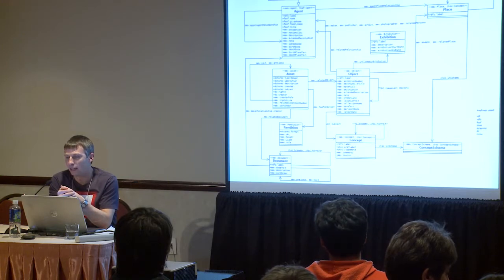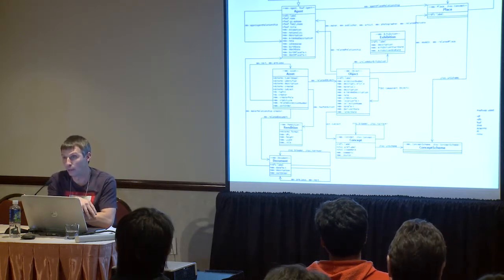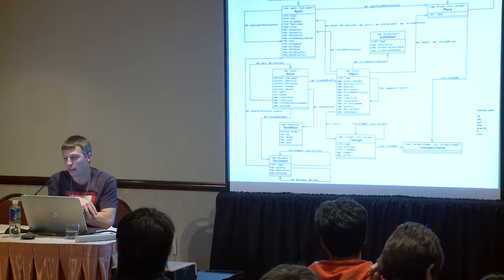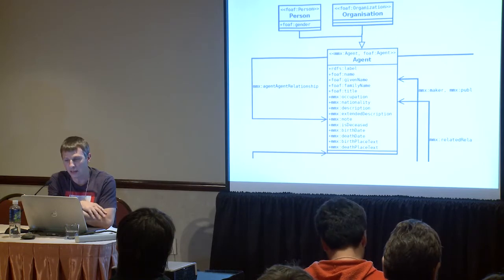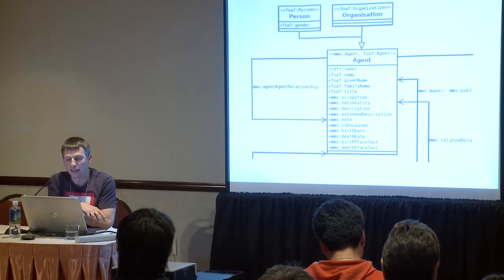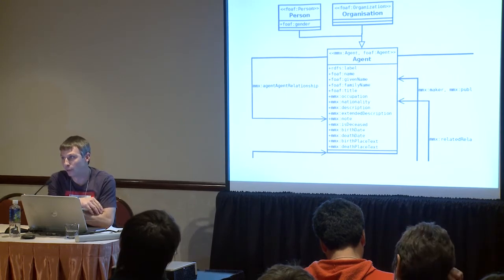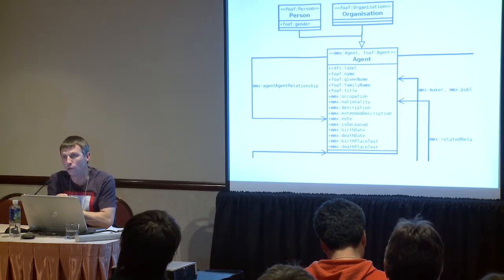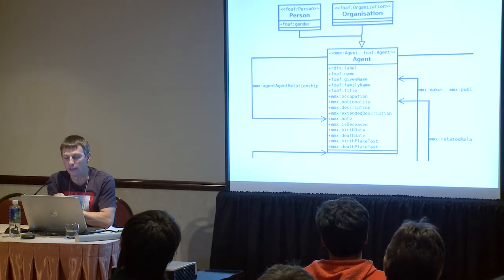And then the other thing was to try to reuse some of the more popular ontologies, and finally to limit the amount of repetition. An example of a popular ontology is Friend of a Friend: when it comes to describing people and organisations, we try to use the standard ways of doing this, the name, the given name, the family name, and so on.